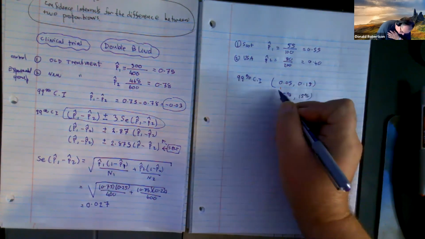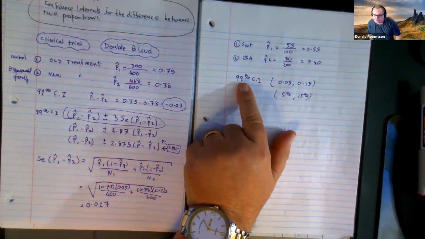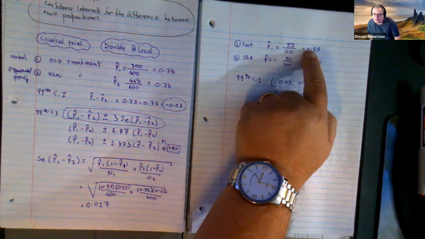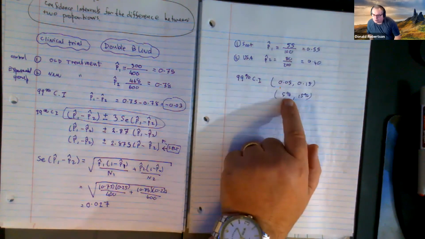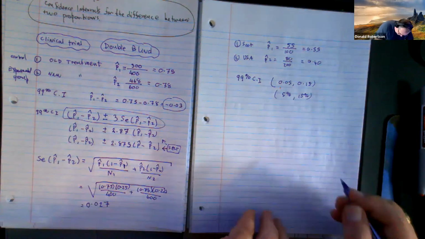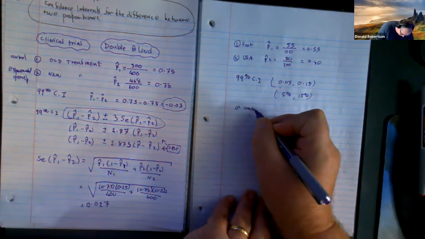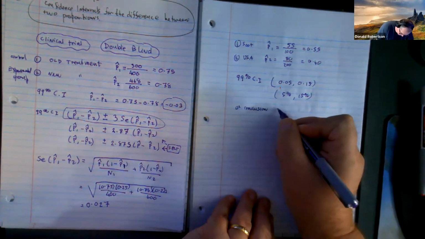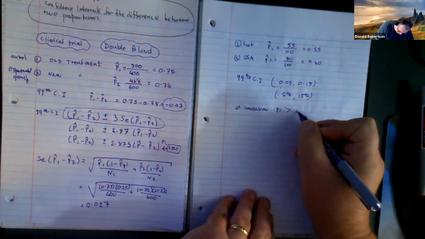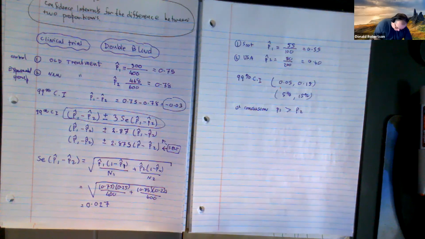If we in fact got that on a 99% confidence interval, that the difference between the two is somewhere between positive 5 and positive 15, here are some conclusions I can make. First conclusion: P1 is greater than P2. Would you agree? Now let's turn that into English.